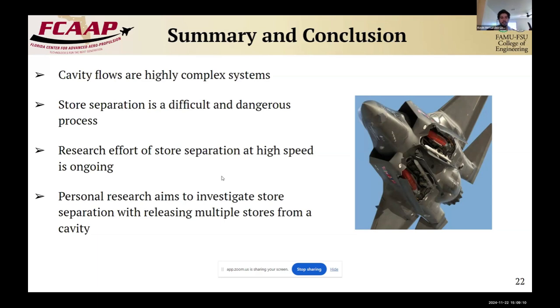So for the ongoing research effort of store separation, we're characterizing the cavity and collecting as much valuable data on this store separation problem as possible, to eventually have, hopefully, a full, complete understanding to make it safer in the future. And then my personal research is going to investigate multiple stores releasing and how those affect one another. All right, that's all. Thank you.